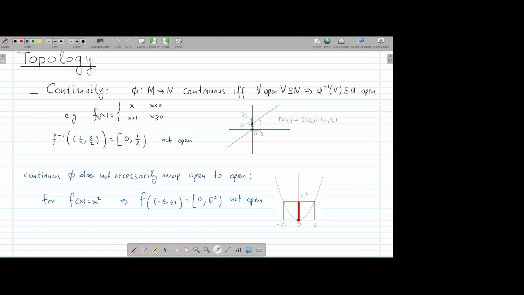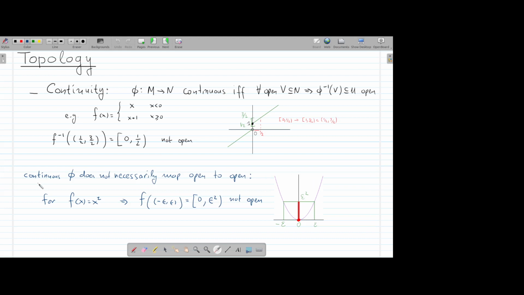So here you can see that if you take an open set in N, the vertical real axis, and you take the interval from 1/2 to 3/2, that is an open set, then the inverse image with respect to f gives you the half-closed interval 0 to 1/2, and this is not an open set of M.